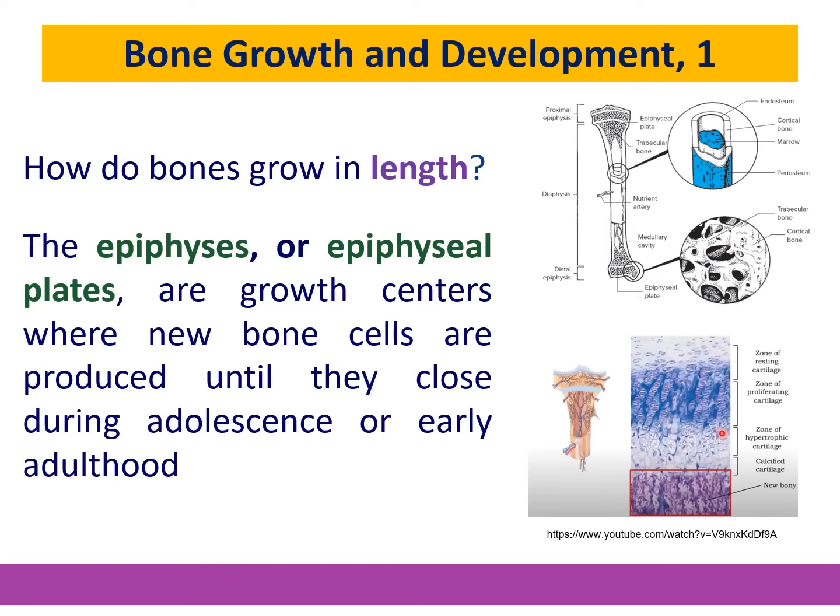Below this zone, we have the zone of hypertrophic cartilage, where the cartilage cells are very big in size and almost dying. Here we have other types of cells called osteoblasts, which start depositing calcium minerals or calcium salts like calcium carbonate and calcium phosphate in order to calcify the cartilage, and that's the region at the bottom where we have calcified cartilage.